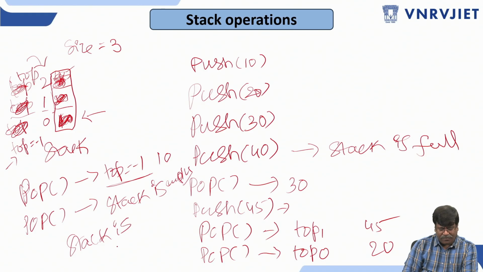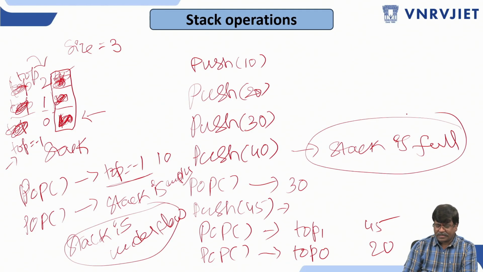What do we mean by stack underflow? The stack is empty and I am not able to remove data from the stack. So we get two cases: stack underflow and stack overflow.